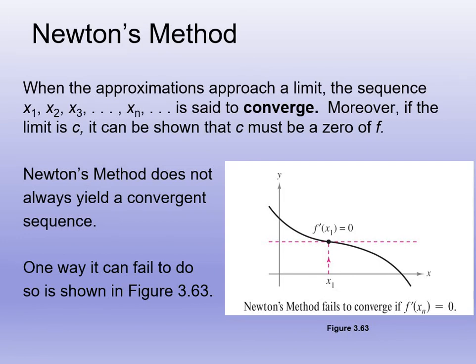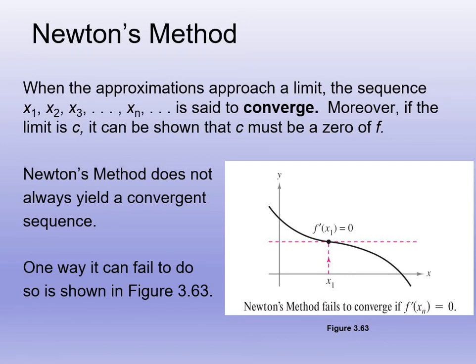Now, Newton's method doesn't always make a nice convergence sequence. It can fail a couple of times. Right here is an example where Newton's method fails to converge, because f prime of xn ended up being 0.